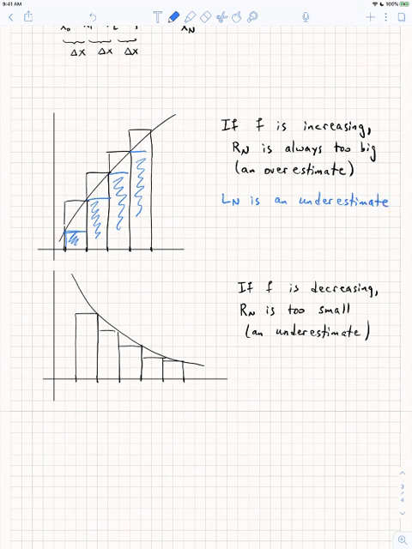And if your function is decreasing, then Ln will give you an overestimate, like this. All of these are above the graph, so it's too big. So Ln is an overestimate.